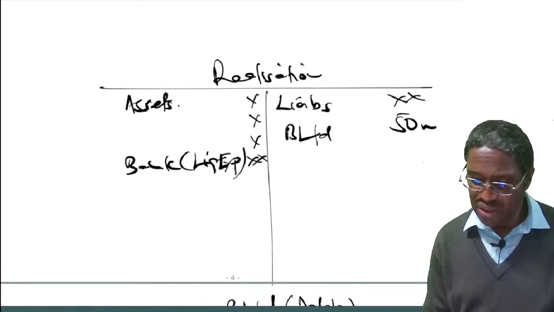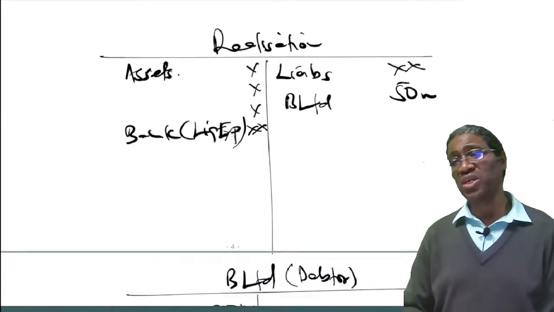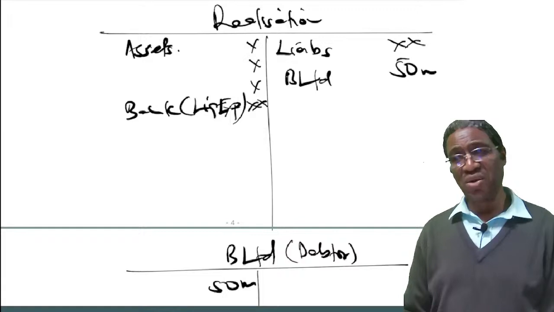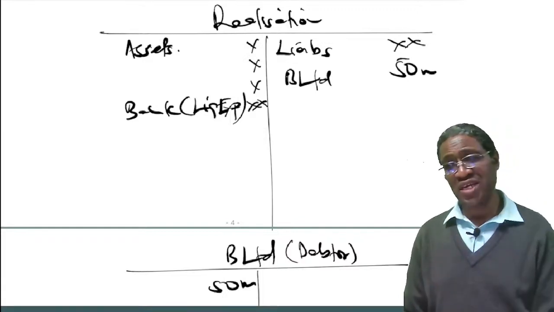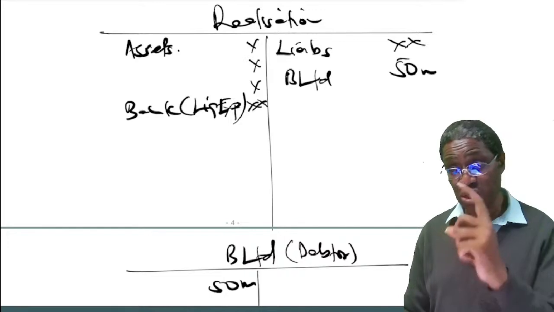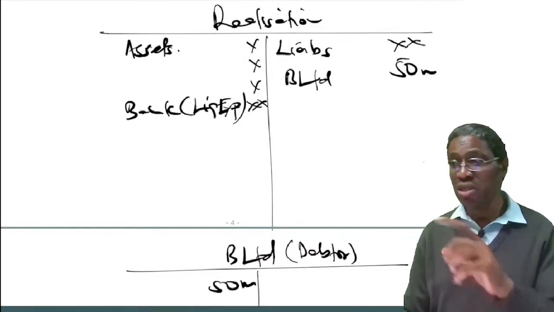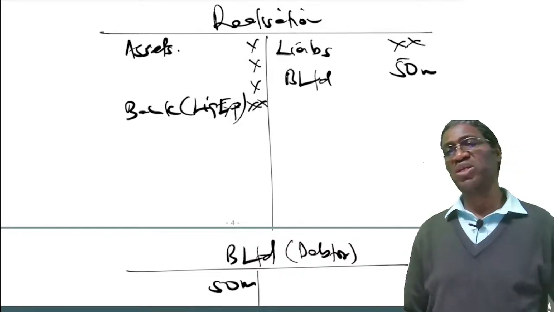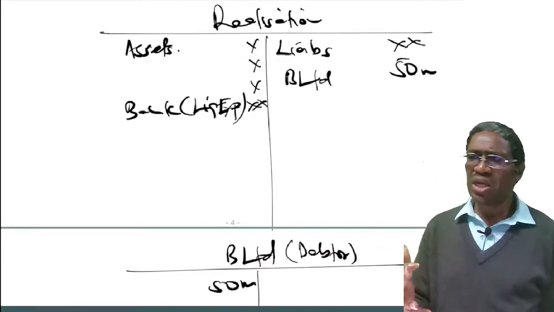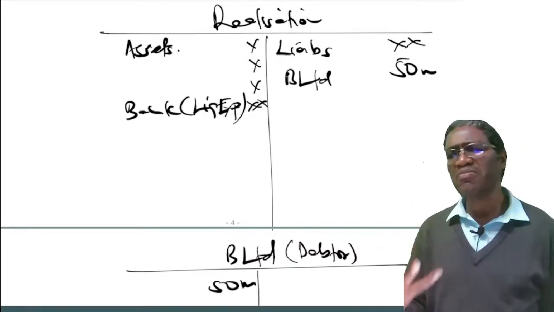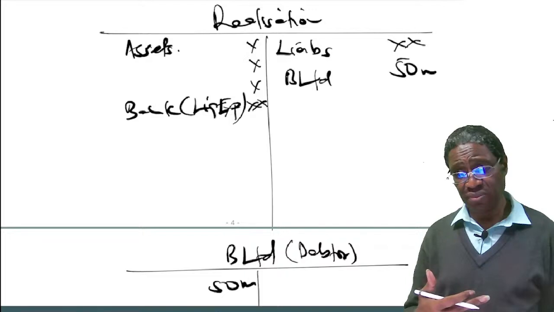You will debit realization and you credit bank. Okay, now listen, it may be that you are supposed to liquidate yourself, and it's normally your responsibility to liquidate yourself. But you as company A don't have the money to liquidate yourself.